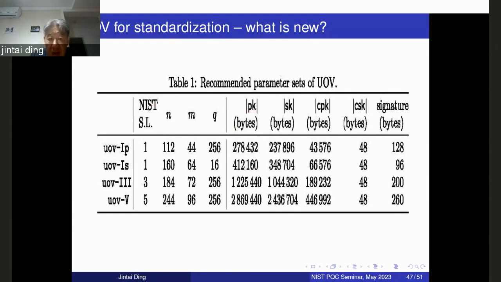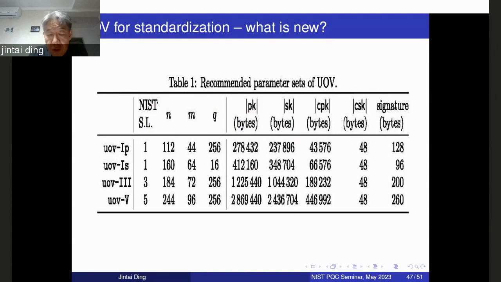For the first choice we choose q to be 256, which means a field size of 1 byte. Then m equals 44, which means there are 44 equations, and n equals 112, which means there are 112 variables. The difference, 68, is the number of vinegar variables.